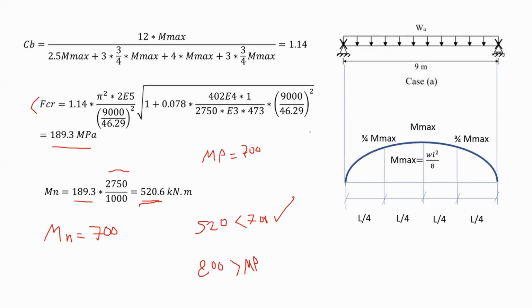So we calculated the capacity. Now I have to calculate the distributed load. So from the equation that we have here, I found Mn. I multiply it by 0.9 for LRFD. You get your moment 468.54.